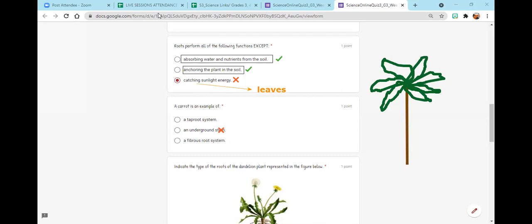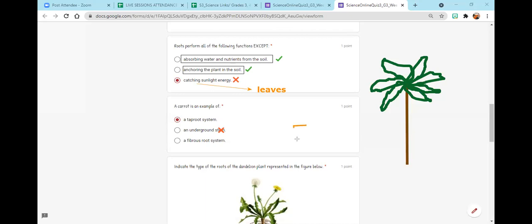So is it a fibrous root system or a taproot system? It is a taproot system.